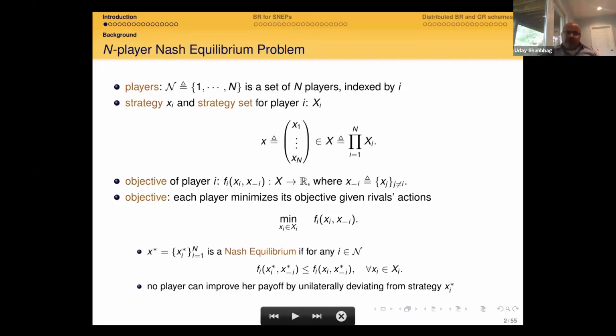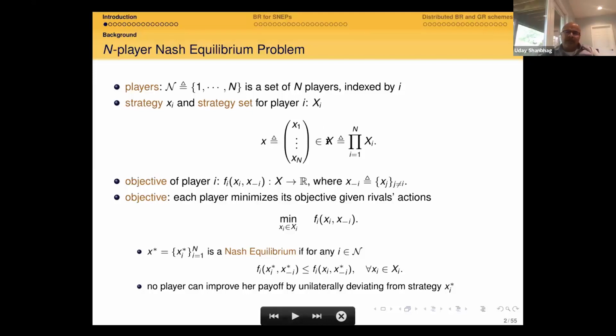So we'll be looking at the n-player Nash equilibrium problem. These are finite player games, like the work that Peter and Jerome were considering a little before this. It's a set of n players indexed by i, where the strategy of the ith player is denoted by x sub i, and the strategy set is capital X sub i, where we're going to be imposing suitable assumptions subsequently.